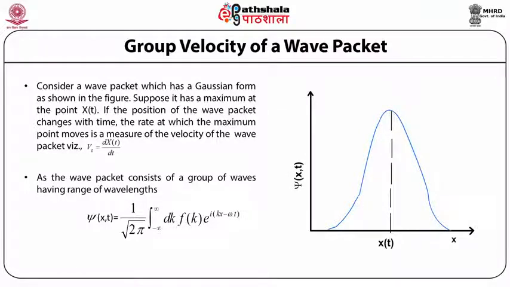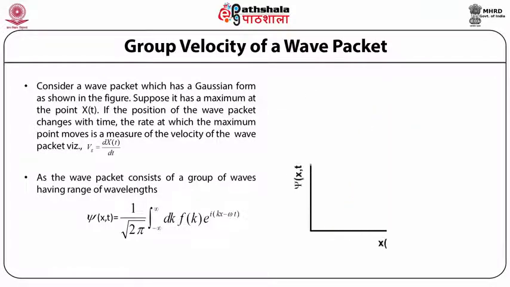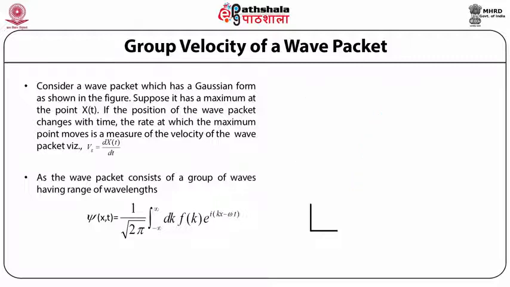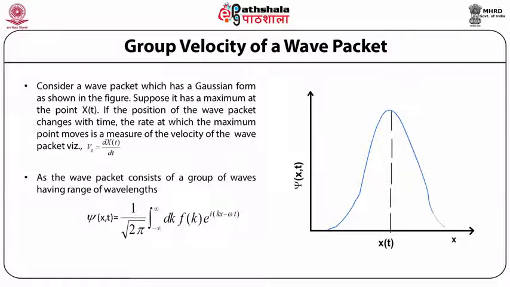If the position of the wave packet changes with time, the rate at which the maximum point moves is a measure of the velocity of the wave packet, that is, Vg is equal to d by dt of capital X(t), where capital X(t) is the point which denotes the maxima of the wave packet.